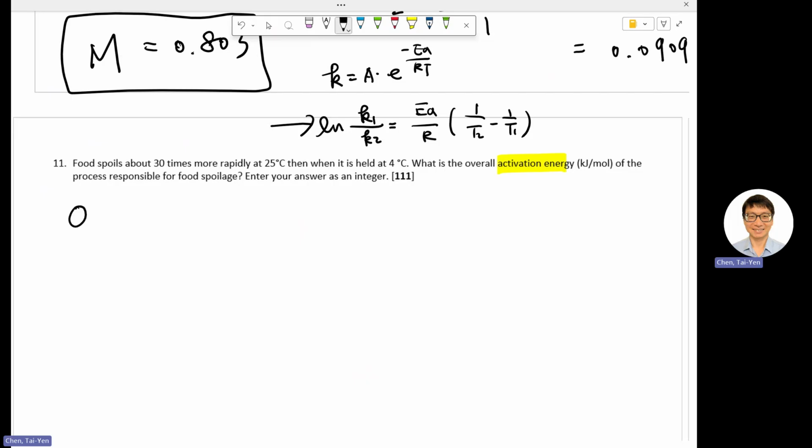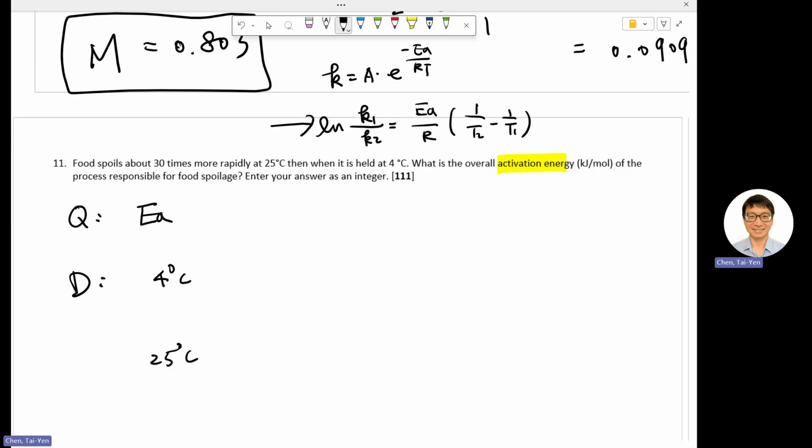So now we can do our QT pair, right? What's the thing you need to calculate? EA, right? Okay, let's look at the data that we have. How are you going to write this? You have two temperatures, right? One is 4 degrees C. One is 25 degrees C. So you have T2 and T1 already.